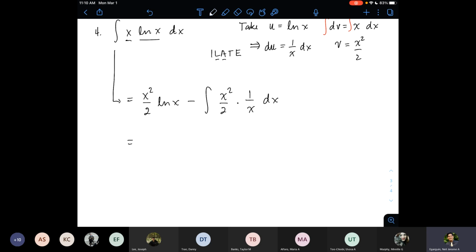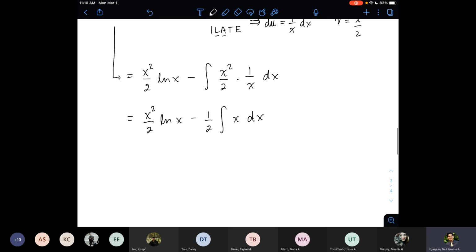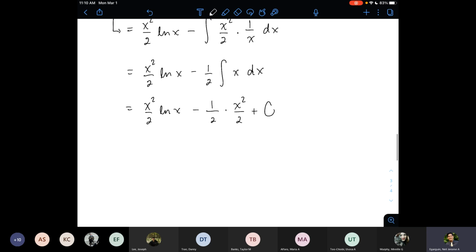And I guess it is after we do the simplification. So let's just copy the first term over. Then simplify this. I'll have x dx times 1/2 outside. So this will be x squared over 2 ln x minus 1 over 2 times x squared over 2 plus the arbitrary constant c. So essentially we'll have x squared over 2 ln x minus x squared over 4 plus c.